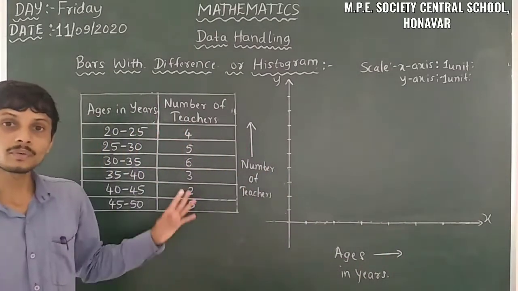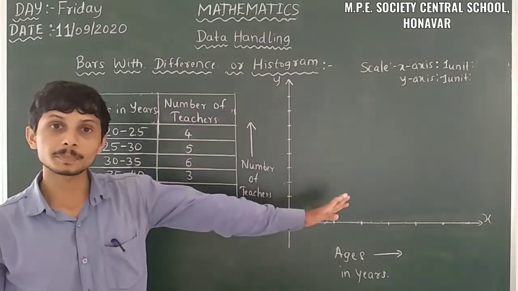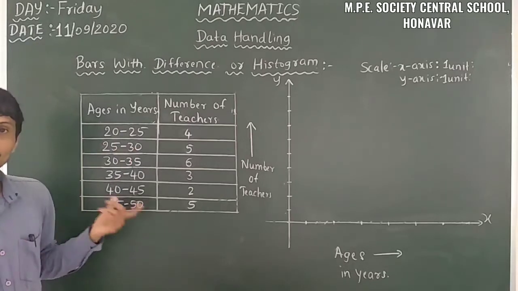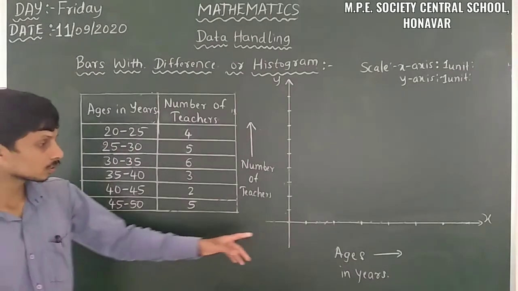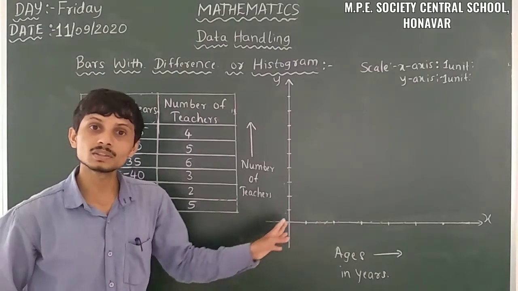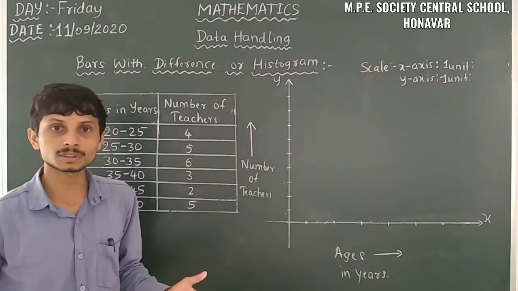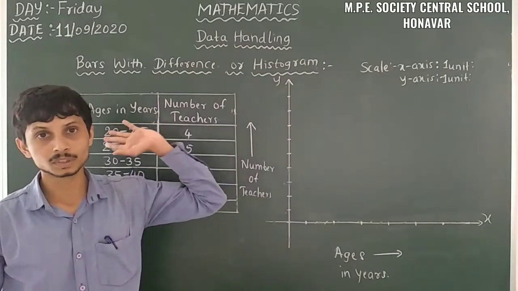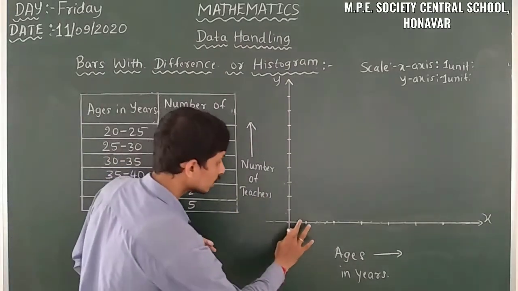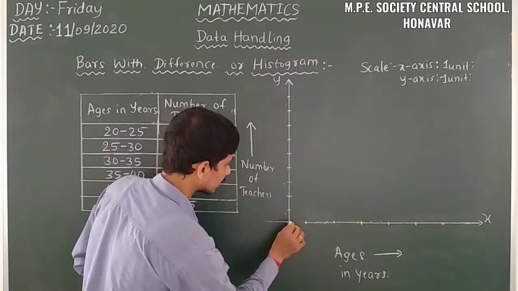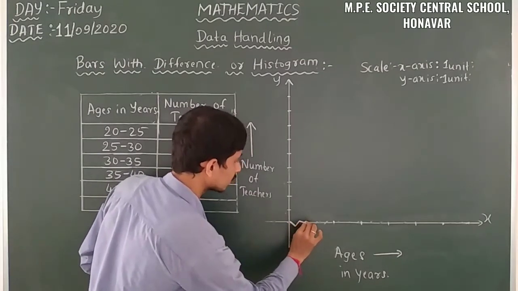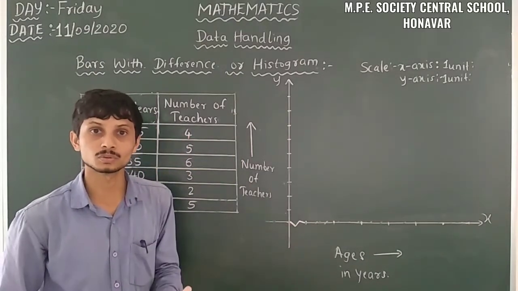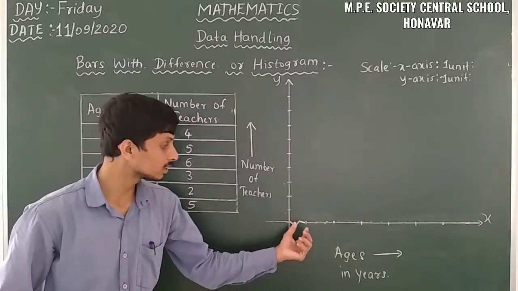Then what we have to do is represent all the coordinates. Just observe 20 to 25, 25 to 30 like that. Normally we would take 0, 1, 2, 3 like that, but that is not possible here, because if we take 0, 1, 2 we would have to wait until 20. So initially we take a zigzag view, meaning there is no information between 0 and 20.